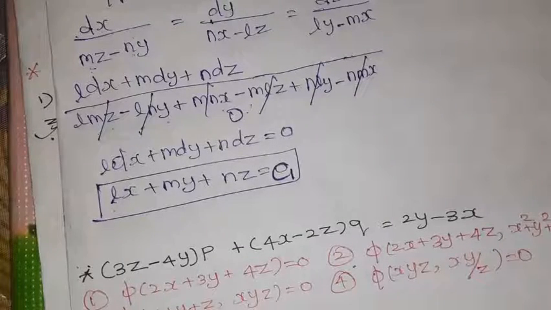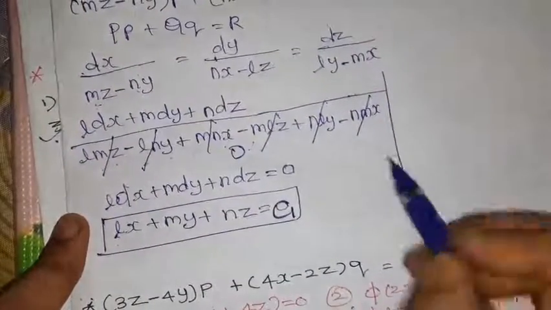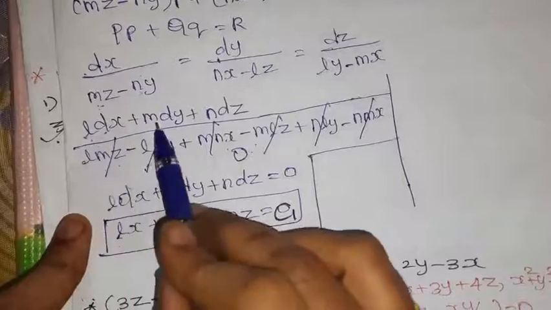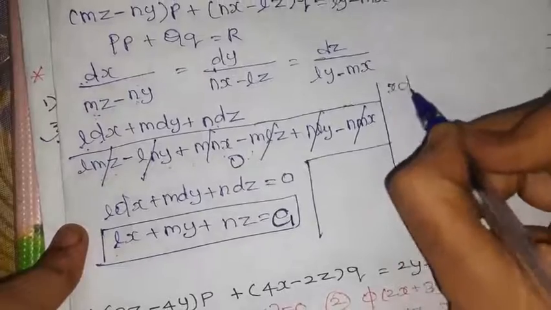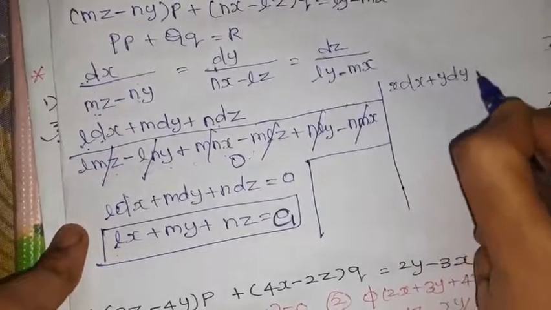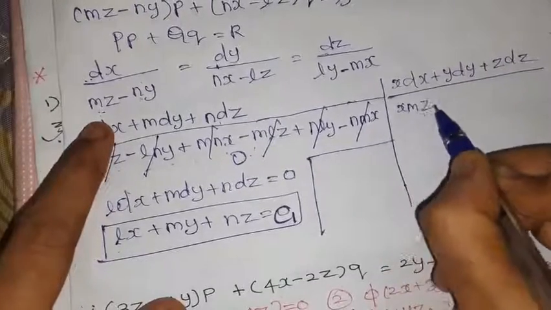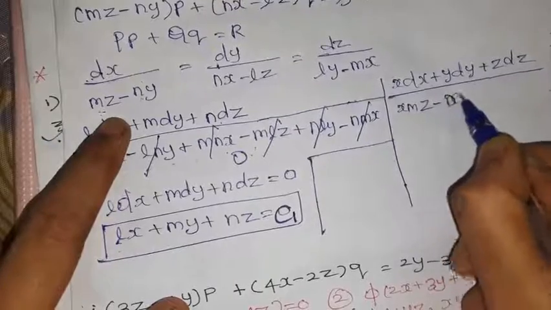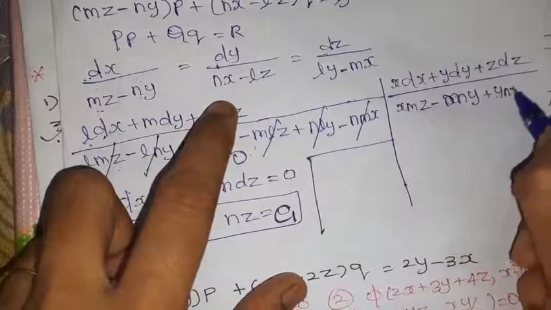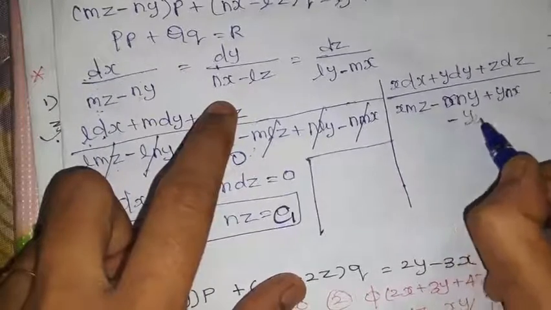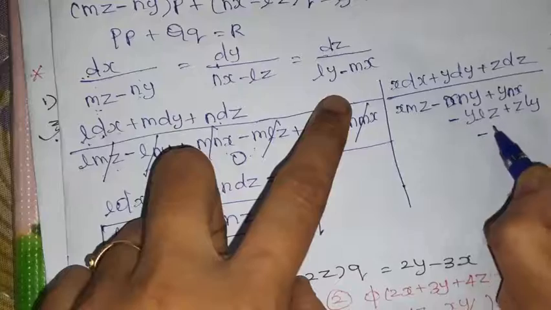Then we can do one more thing like we have done here, multiply by x, y, z. We'll see x dx plus y dy plus z dz. In denominator, x times mz minus x times ny, do it carefully, plus y times nx minus ylz plus zly minus zmx.